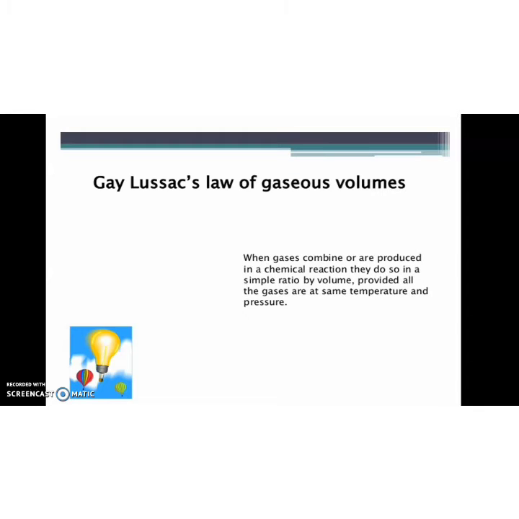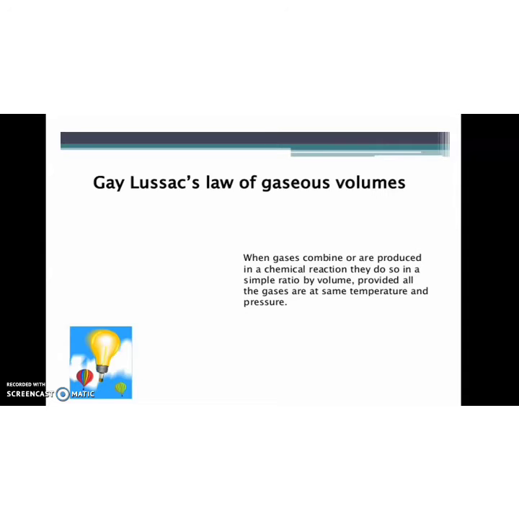The next law is the law of gaseous volume. It states that when gases combine or are produced in a chemical reaction, they always do so in a simple ratio by volume, provided all the gases are at the same temperature and pressure.